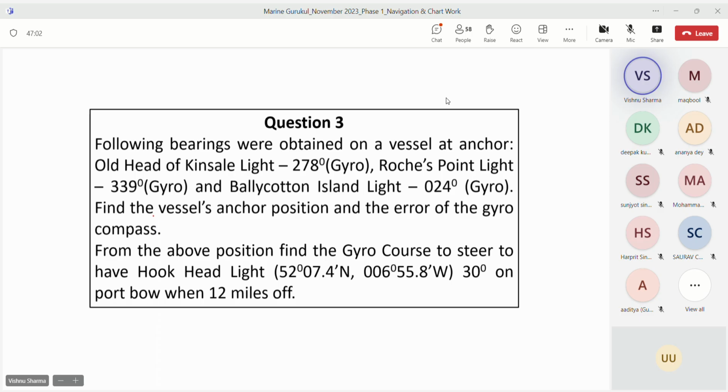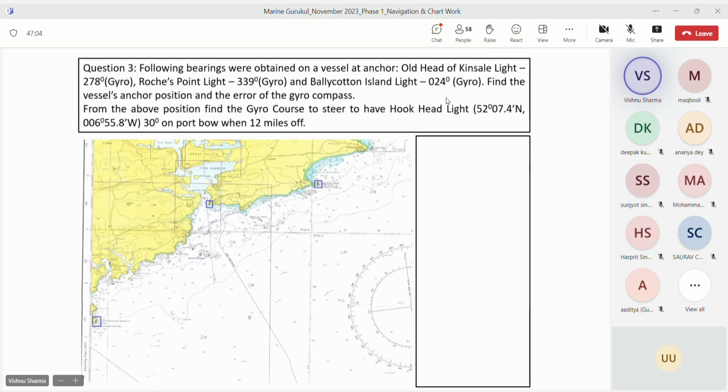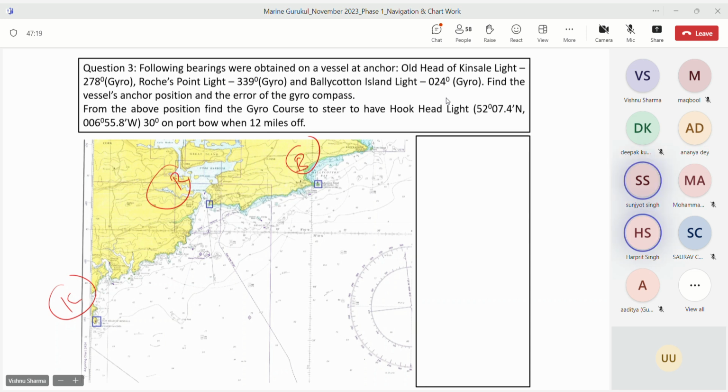Now look at the chart and tell me which pairing would you like to do. This is Kinsale. This is Roche's. This is Ballycotton. How would you prefer to pair Kinsale with Roche's or Kinsale with Ballycotton? Kinsale with Roche's, and Ballycotton with Roche's. That is the preferred pairing, I said, right, beta?